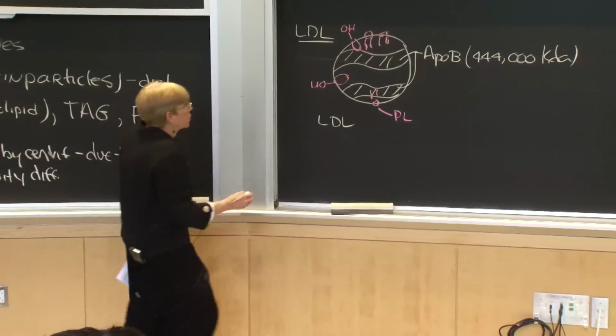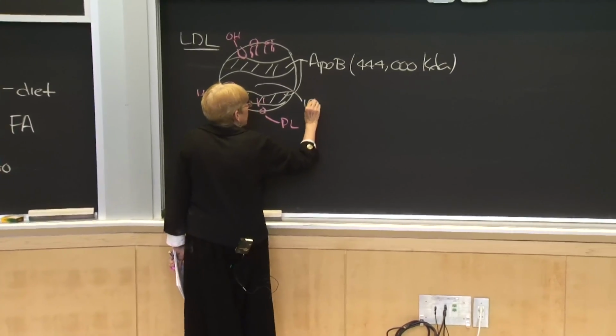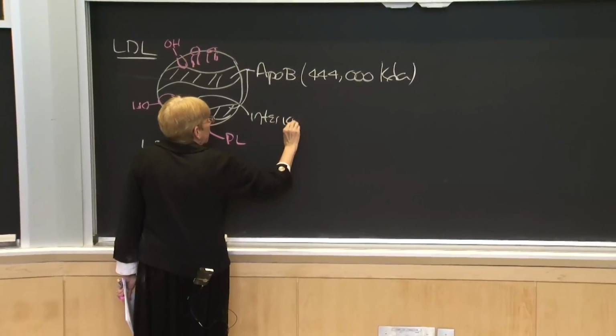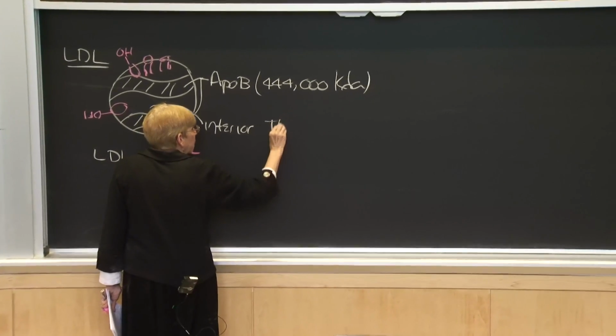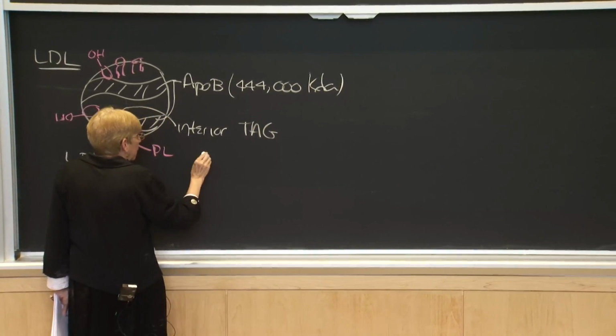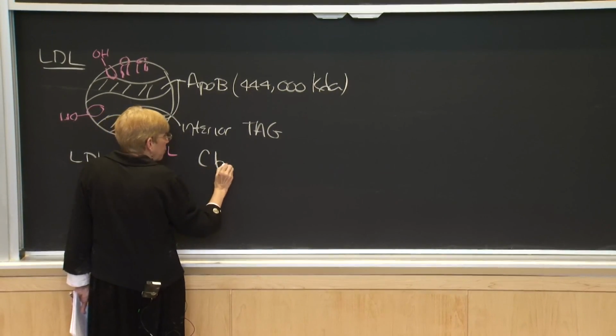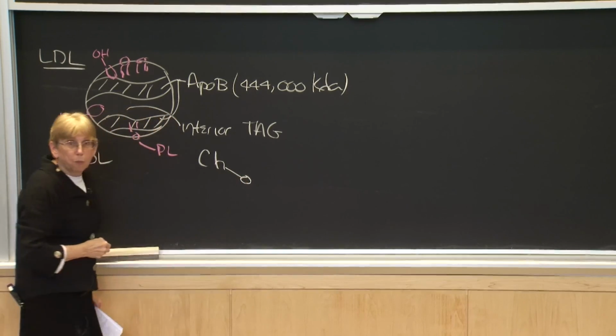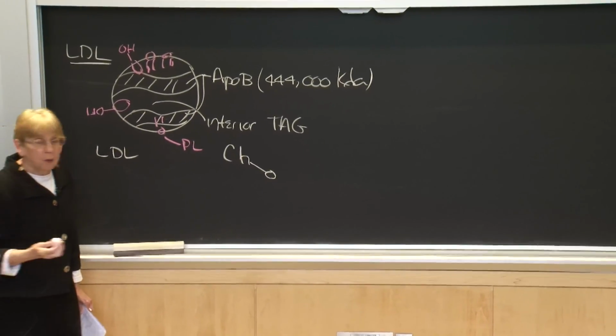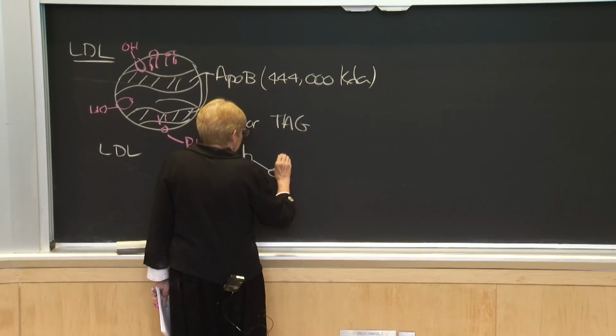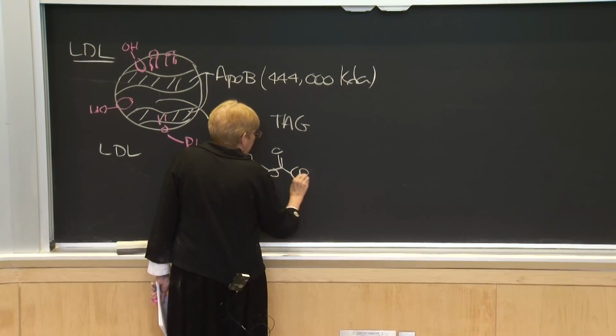And what's in the center, so this is the interior, you basically have triacylglycerols, and then you have cholesterol. And remember, cholesterol has one lone 3' hydroxyl group. And this is esterified with a fatty acid.